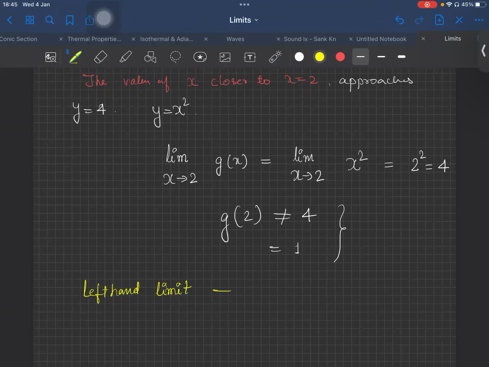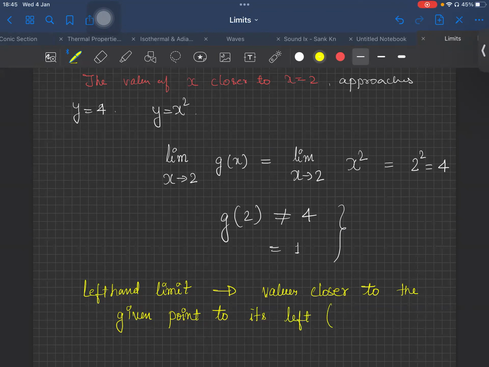Left hand limit means the value closer to the given point, here the given point is 2, the value closer to the given point from its left, or smaller value.